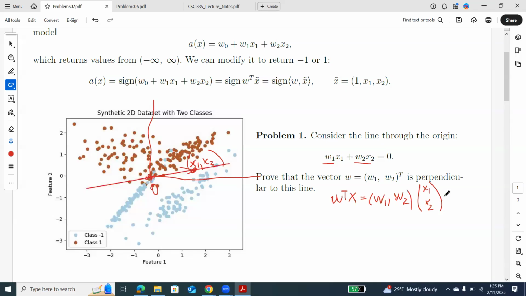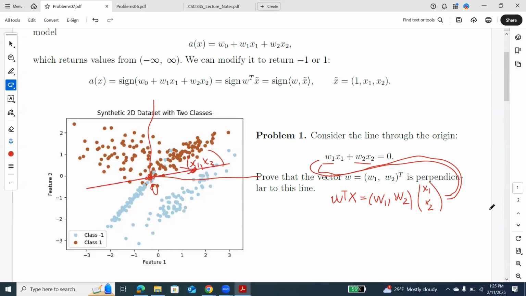So if you take the dot product, you will get W1 x1 plus W2 x2. And from the equation of the line, it equals 0.